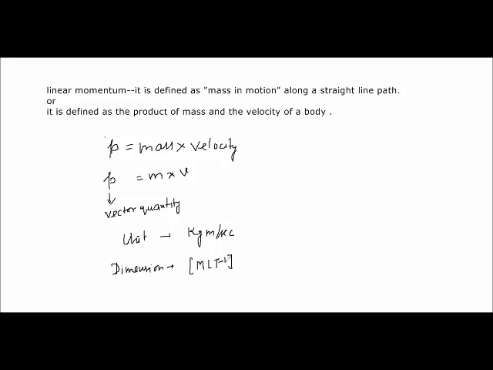Now momentum is based upon both mass and velocity. So if both bodies are moving with the same speed or velocity in the same direction, then find the ratio of their momentum.